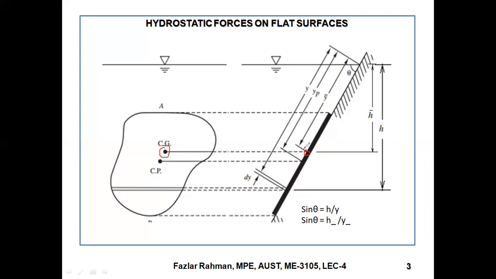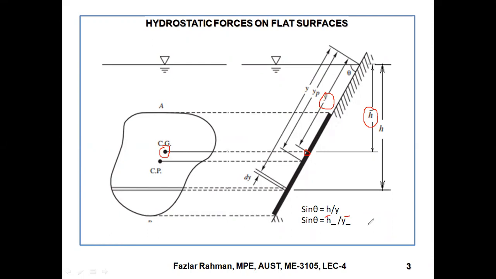So through this center of pressure, what is the height from the top? We are thinking this height is h bar. And along the inclined direction, this length is y bar. So if you apply sine theta again, you will get h bar divided by y bar.